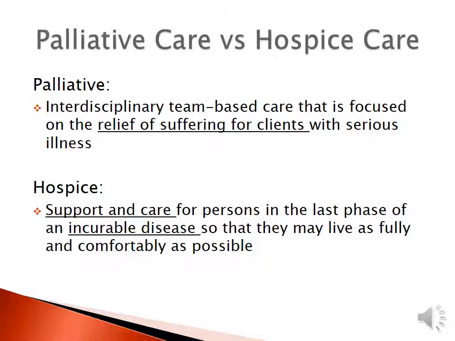Hospice care is the support and care for persons in the last phases of an incurable disease so that they may live as fully and comfortably as possible. Those that qualify for hospice care usually have 6 months or less to live, and this has been determined by 2 physicians.